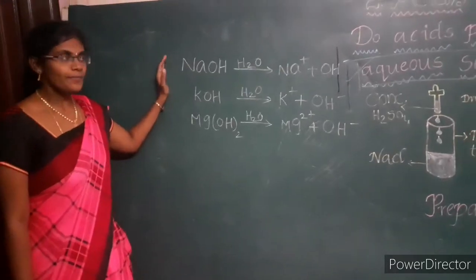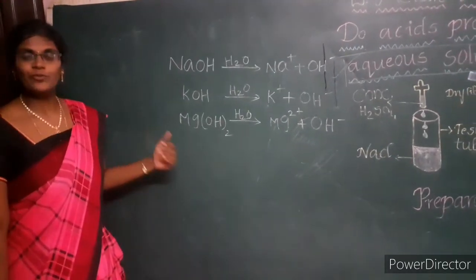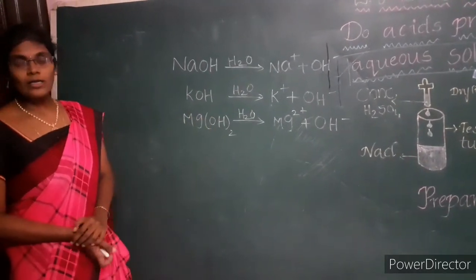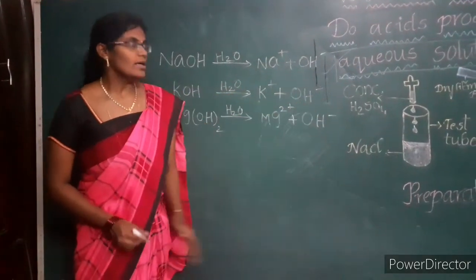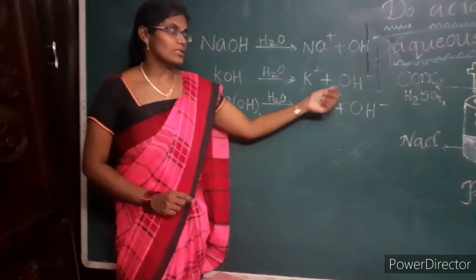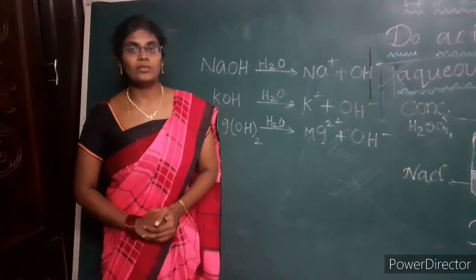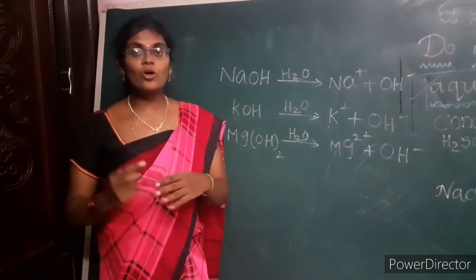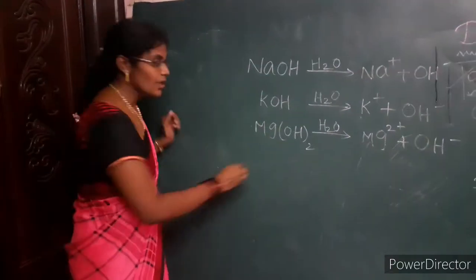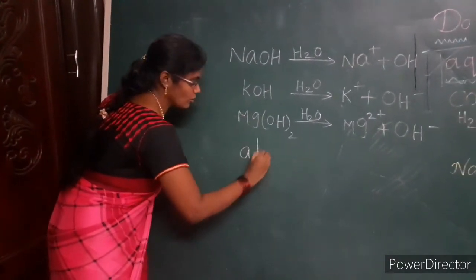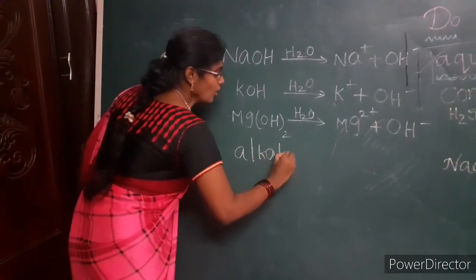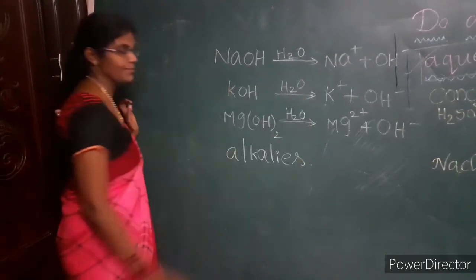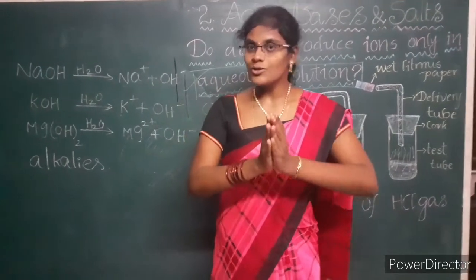So here, when bases react in water, they release OH minus ions, means hydroxide ions. Then one more important point is all bases are not soluble in water. Bases which are soluble in water are called alkalis.